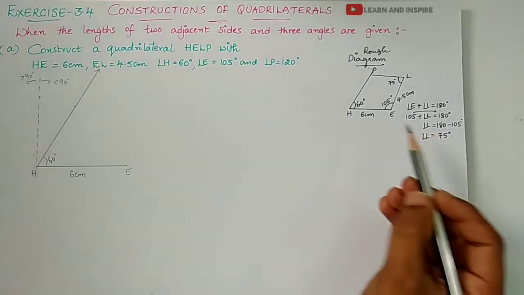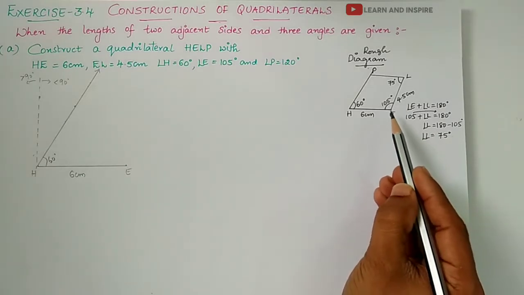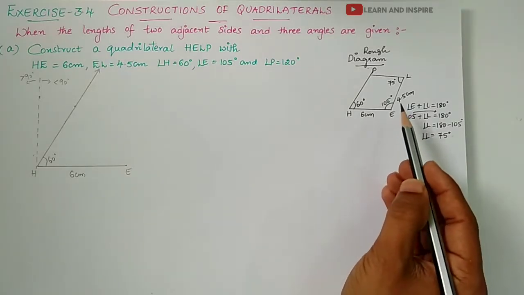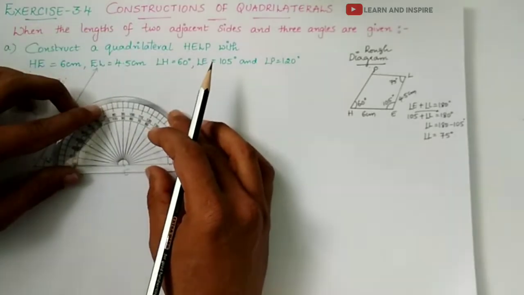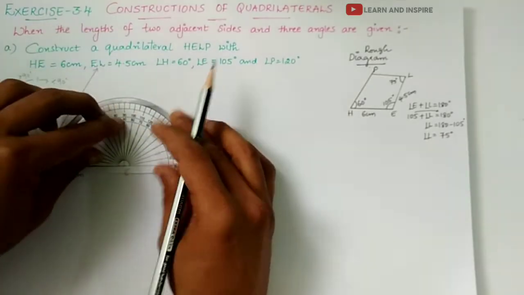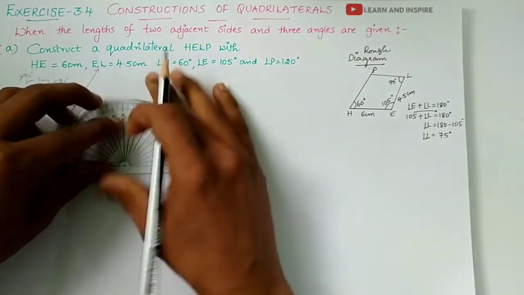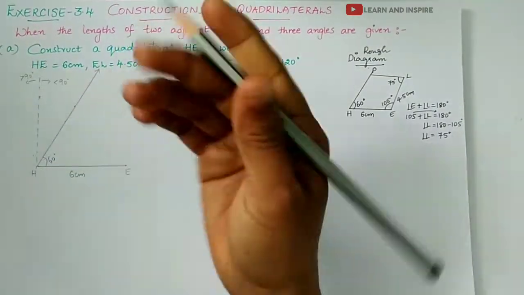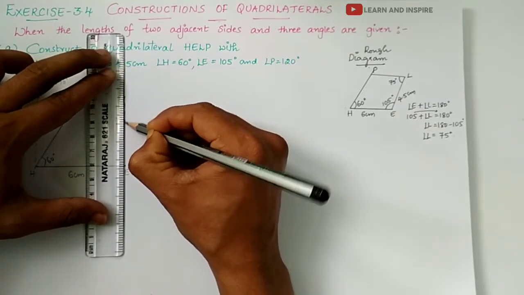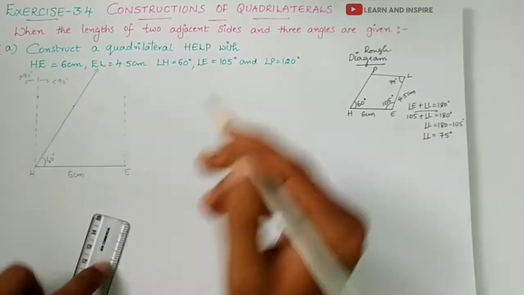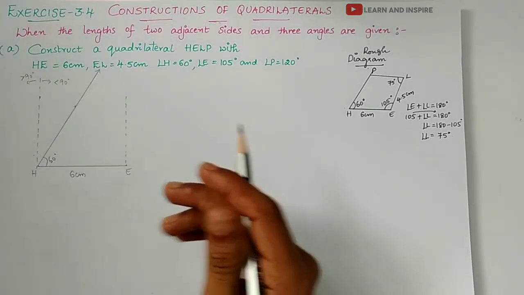Next, with E as center we have to construct an angle of 105 degrees. Before constructing, I construct 90 degrees with dotted lines. Then you can easily understand how to construct 105 degrees and how to construct 60 degrees. So this is the dotted line of 90 degrees. Now we can construct 105.